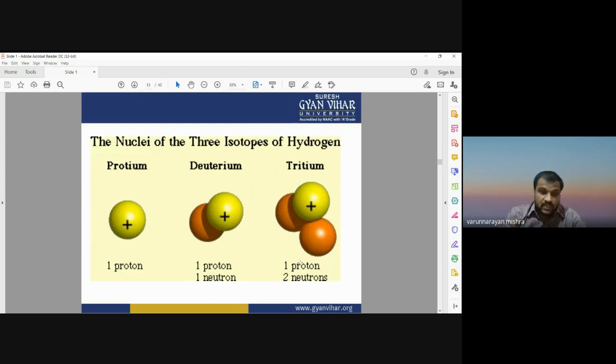As we know, a proton is positively charged and a neutron has no charge. Here you see only one positively charged particle, the proton, in protium, one in deuterium, and one in the nucleus of tritium. A proton is always a positively charged particle. So these are the nuclei of three different isotopes of hydrogen.